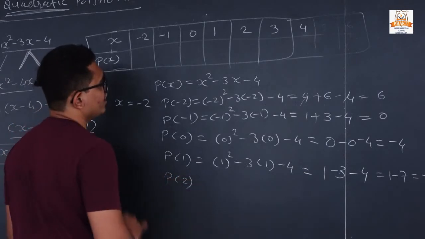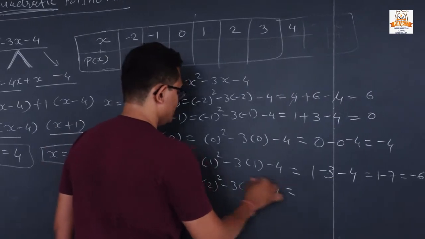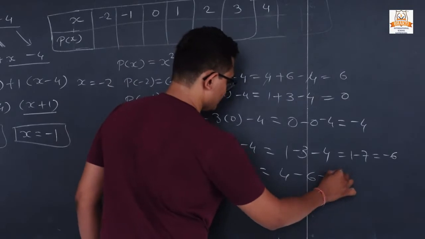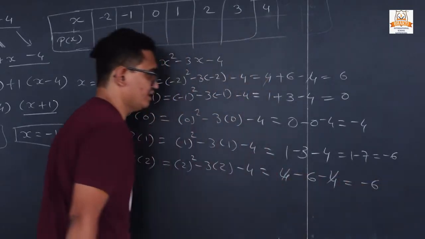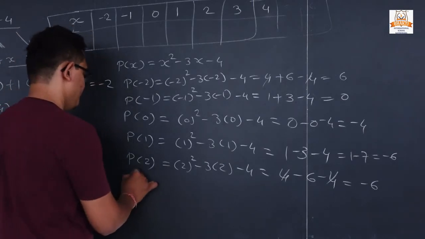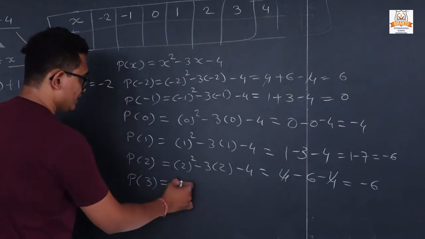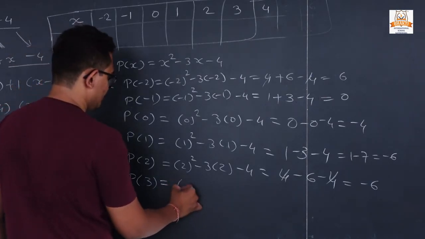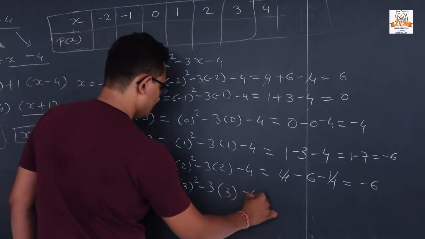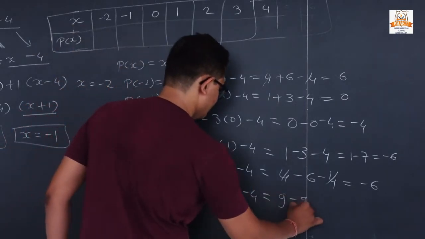Next, p of 2. So 2 square is 4. 3 twos are -6, and -4, so 4 and -4 cancel. The answer is once again -6. Next, p of 3. So 3 square is 9, 3 threes are once again 9, minus 4.